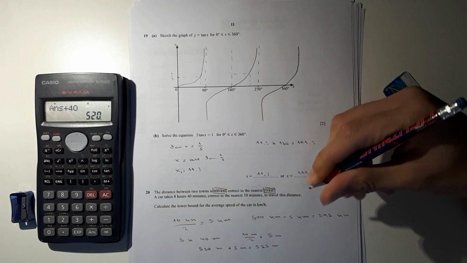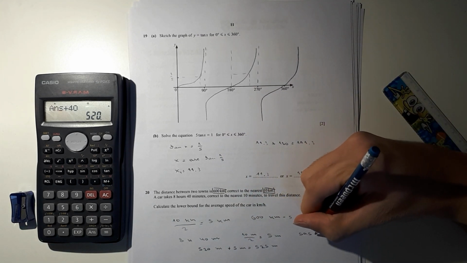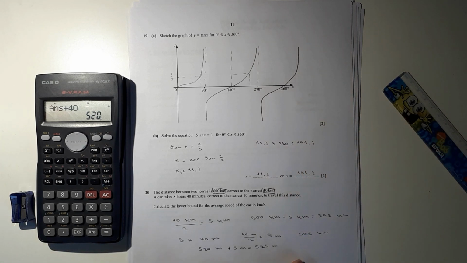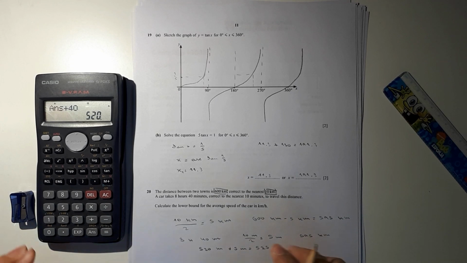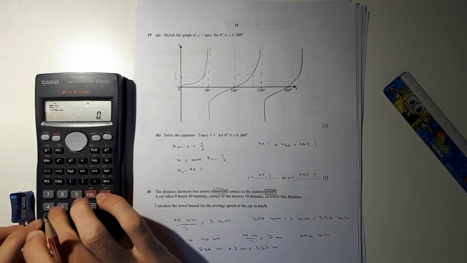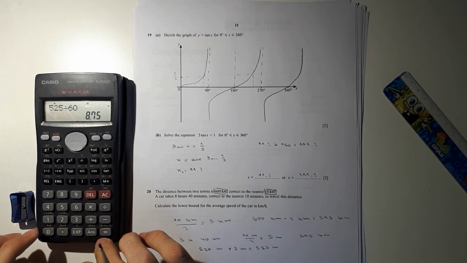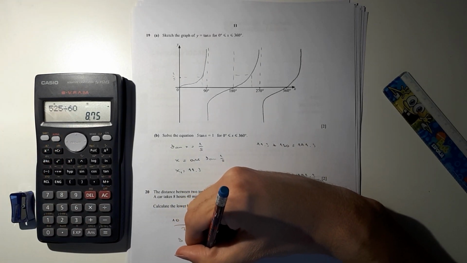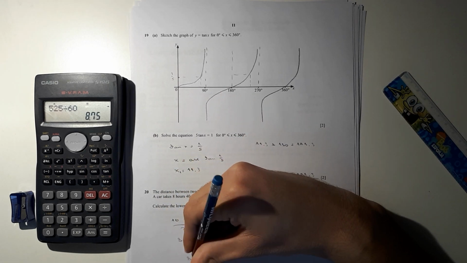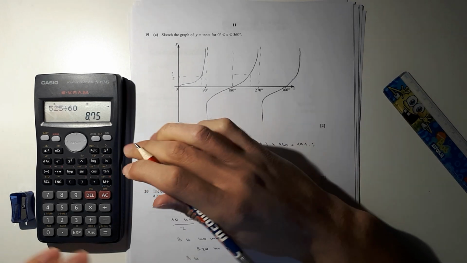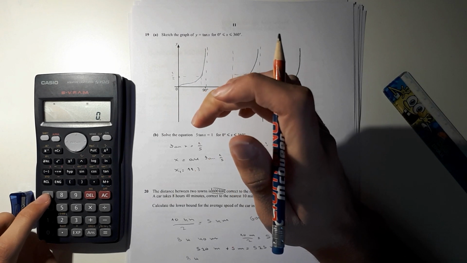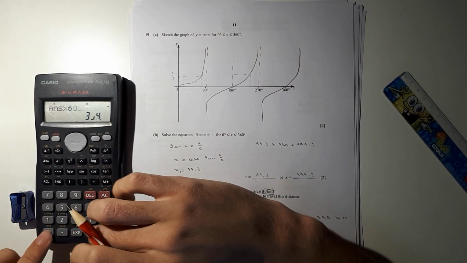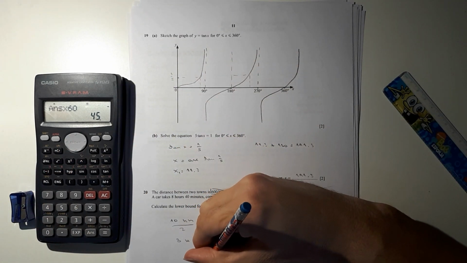And now we're going to divide 595 kilometers. Wait, we have to turn this into hours. So we're going to make 525 divided by 60, and we got that it is 8 hours and 45 minutes. 45 minutes is equal to 3/4 of an hour.